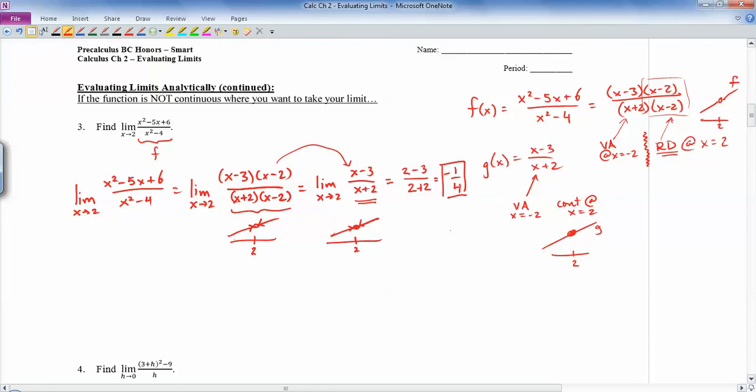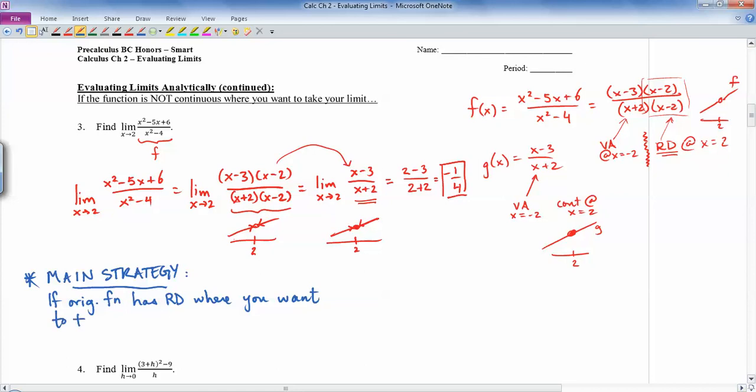Okay. So the main strategy here, and this is going to be true for a lot of these limits: if the original function that you're taking the limit of has a removable discontinuity where you want to take the limit, so that's like this example.